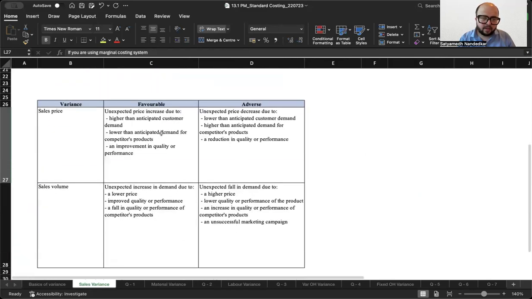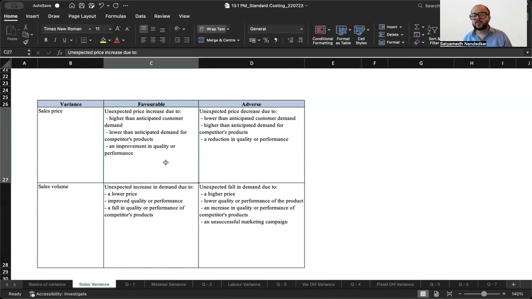Okay. And the sales price variance can turn favorable if the actual selling price is more than the standard selling price. This will happen when the market demand is high, there is scarcity of the product, you don't have close competition, you will be able to charge a higher price for the same product, and customers will pay also.